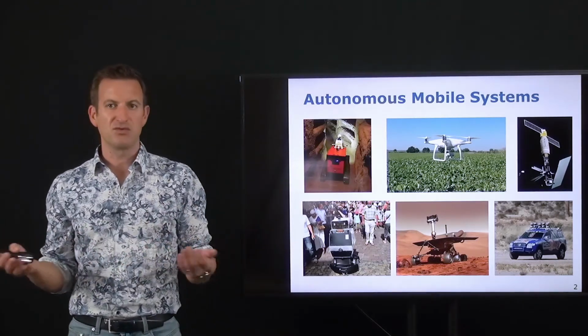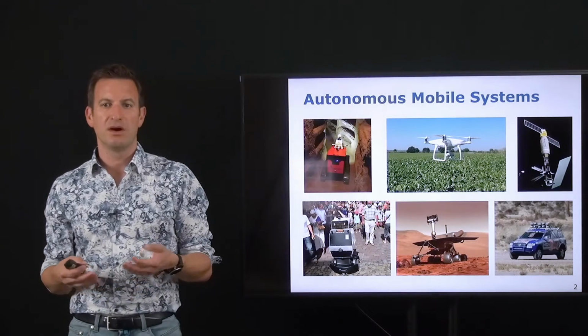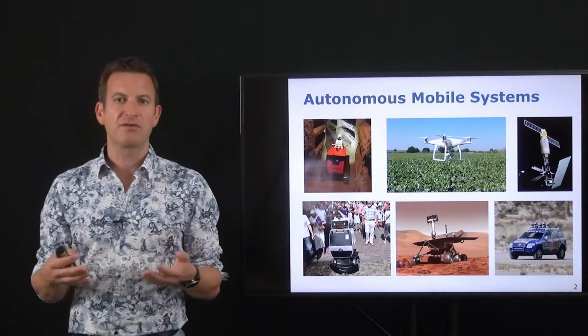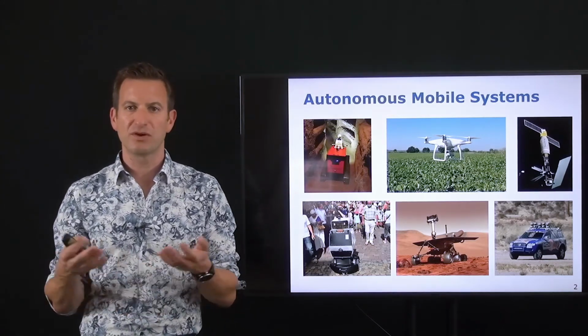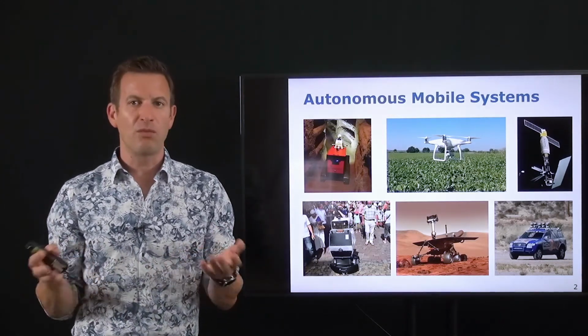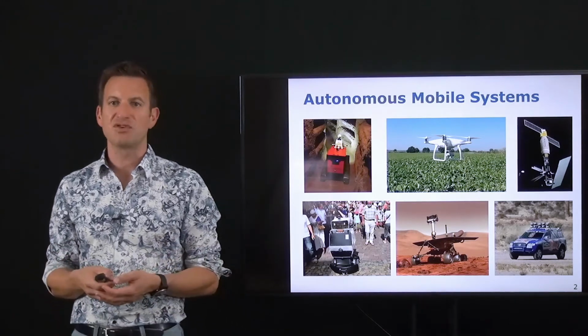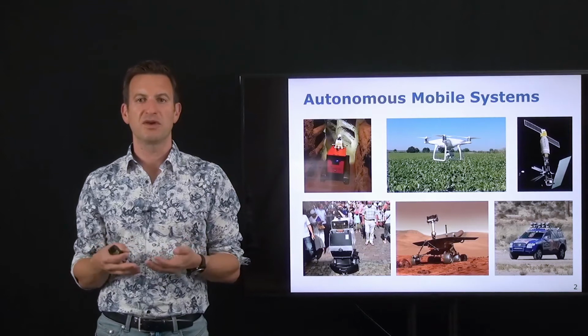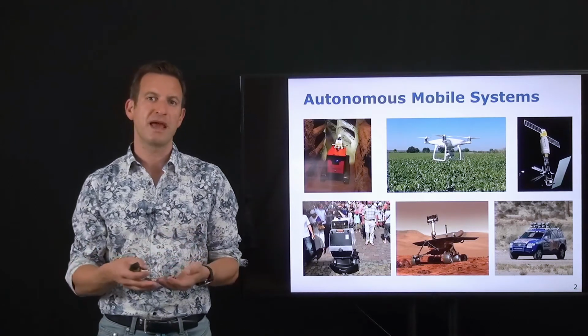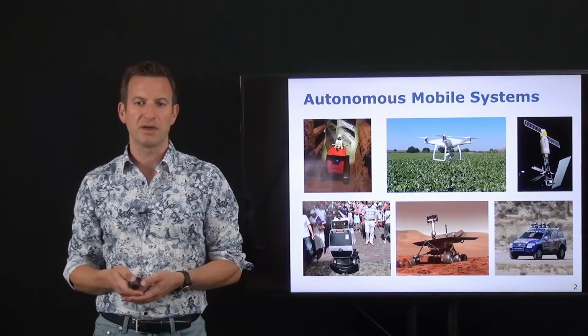For example, to reach a certain target location or to cover an area completely and perform an inspection mission. Or, for example, to clean your home or mow your lawn if this is the objective of that system. So these are tasks that those systems need to carry out, and they need to select appropriate actions that bring them closer to their goals.